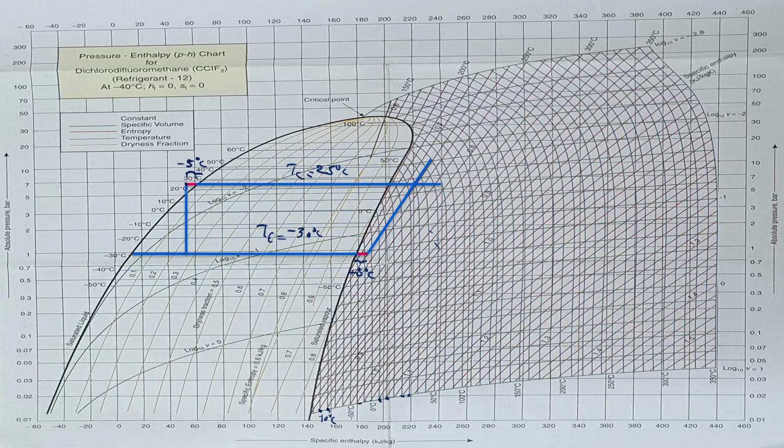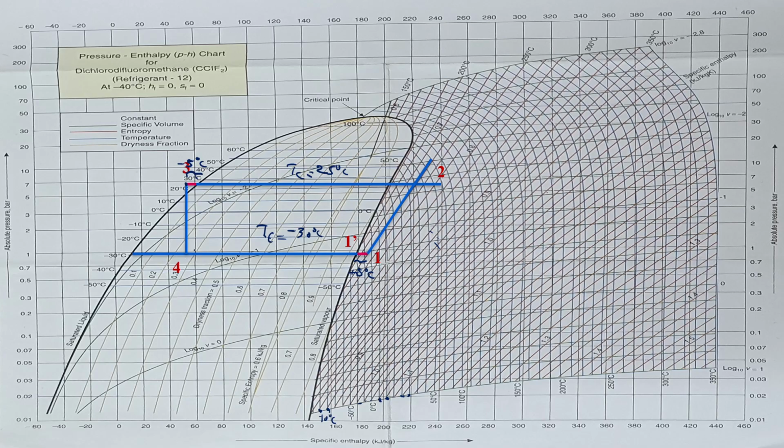Similarly, from point 3, we'll draw a perpendicular, showing it is an isenthalpic expansion. So we'll get our points something like this as 1, 2, 3 and 4.